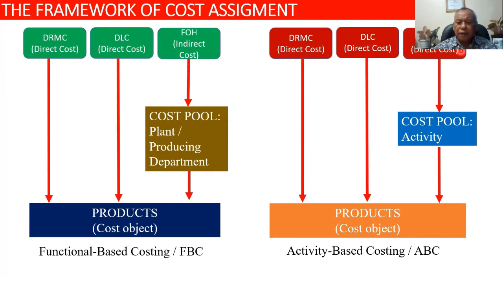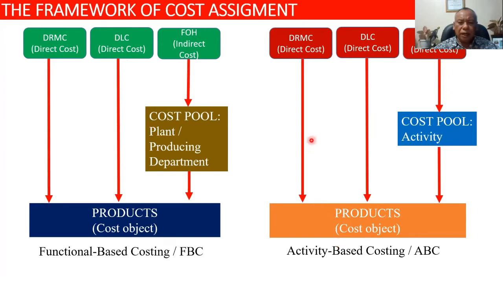Especially for the factory overhead costs. For direct raw material costs and direct labor costs, because they are direct costs, there is no difference between functional-based costing and activity-based costing.